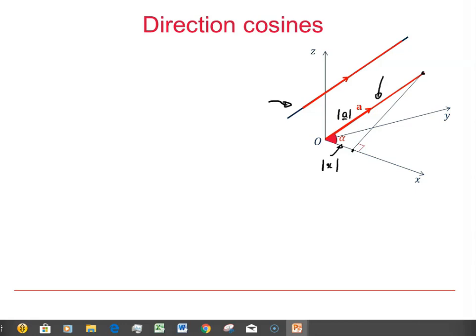Therefore the cosine of alpha is equal to x over mod A. This is what we call one of the direction cosines of the line. That one is referred to as L. So the angle that the line makes to the x-axis, L, has cosine alpha equal to x over mod A. We can do a similar thing for the angles to the y and z axes respectively.